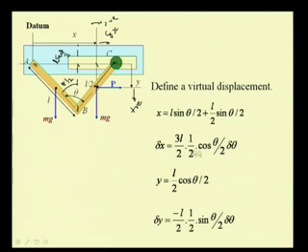So, here these two relations state that as this angle increases, this x also increases, but as this angle increases, the virtual displacement of this point in the y direction is in the negative sense.